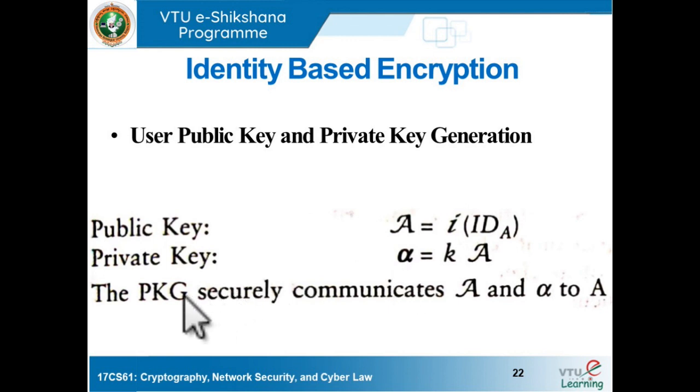Now the work of PKG after calculating the public private key pair for A is to securely communicate this alpha and the public key to A, that is Alice.